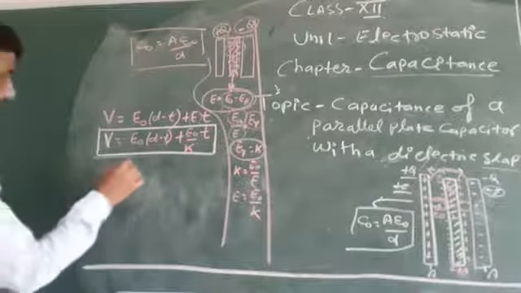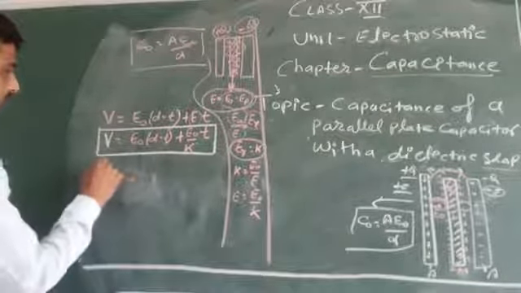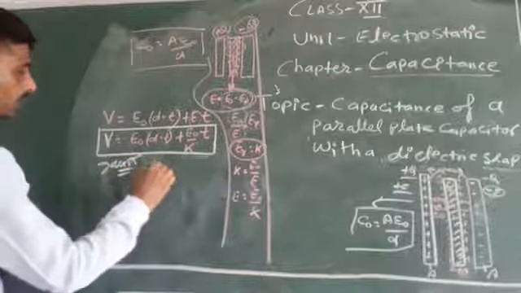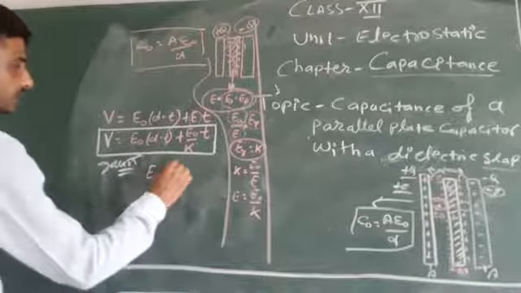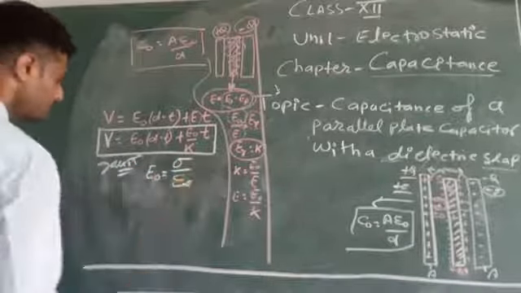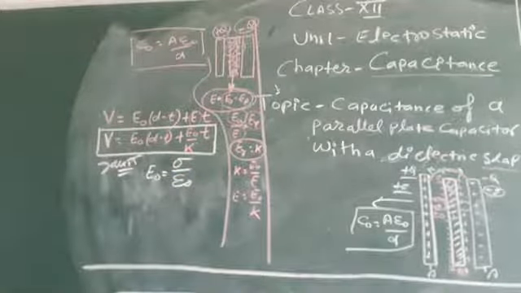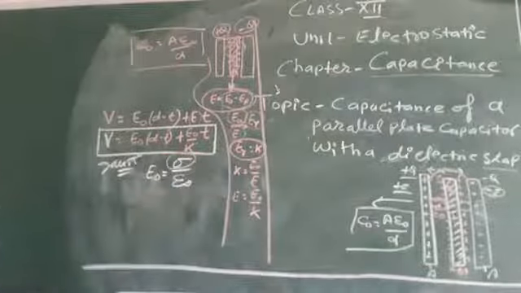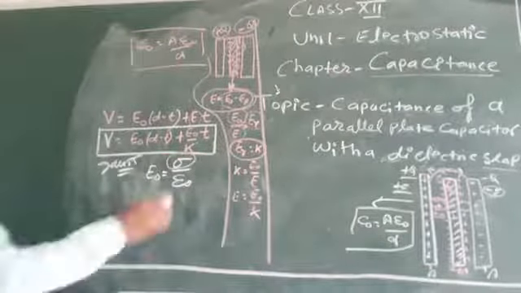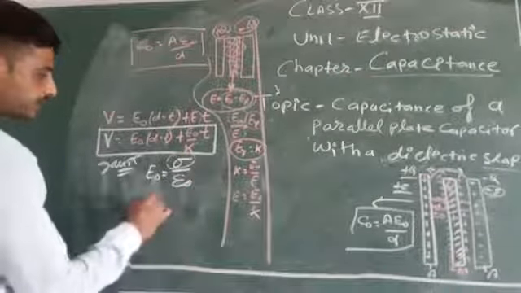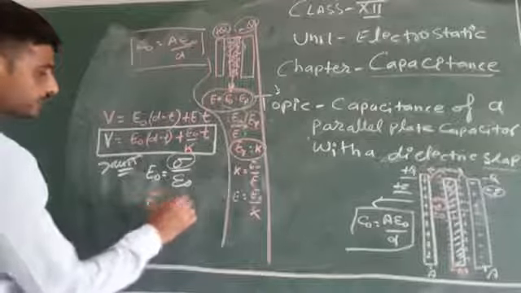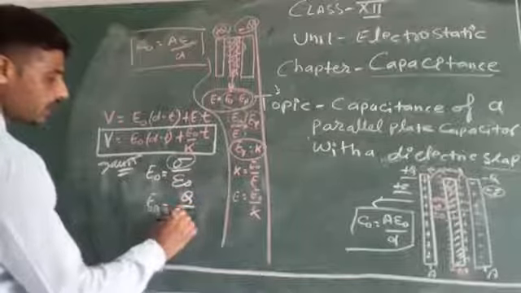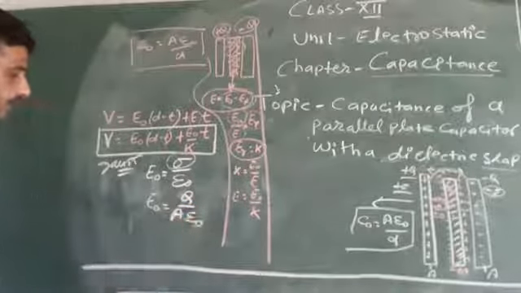And as you know, according to Gauss's theorem, E naught equals sigma upon epsilon naught. This sigma is known as the surface charge density, and the value of the surface charge density is Q upon A. So E naught equals Q upon A epsilon naught.